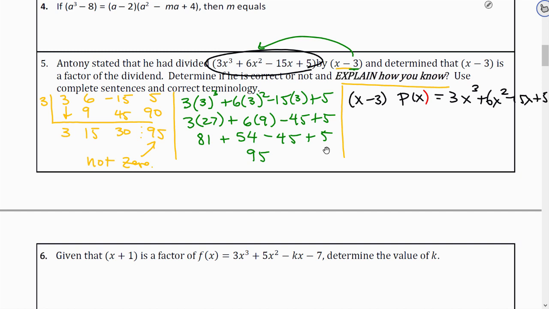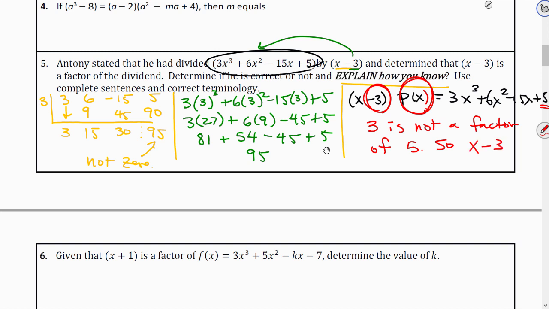That means that negative 3 times something, that last term in this polynomial, would be 5. Let me back up. 3 is not a factor of 5, that last term. So x minus 3 is not a factor of the polynomial.